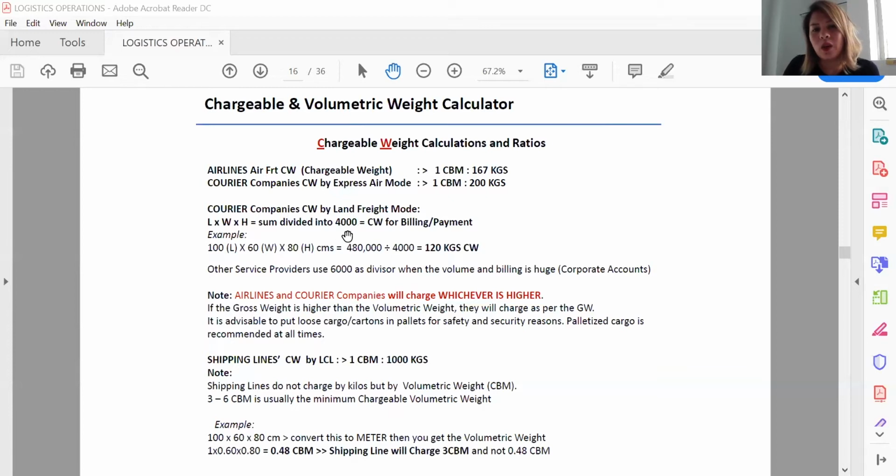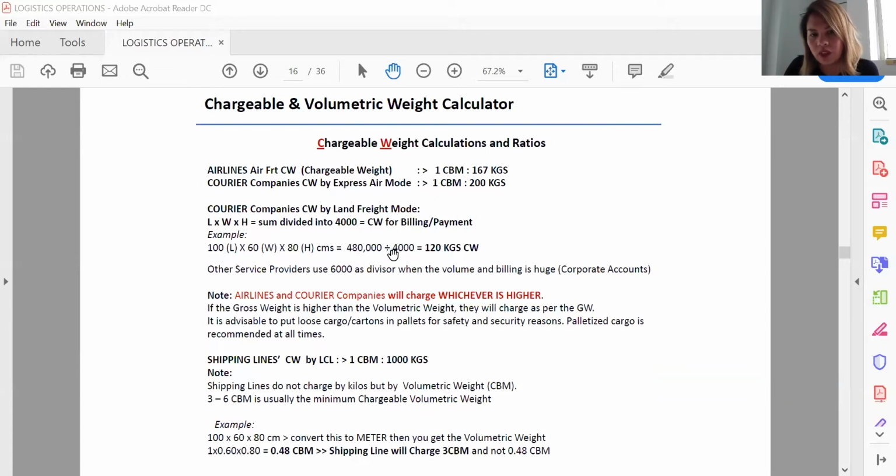That means you will be billed with a divisor of 4,000. So let's say your cargo is packed and the size is 100 by 60 by 80 cm. When you multiply everything, the total is 480,000.